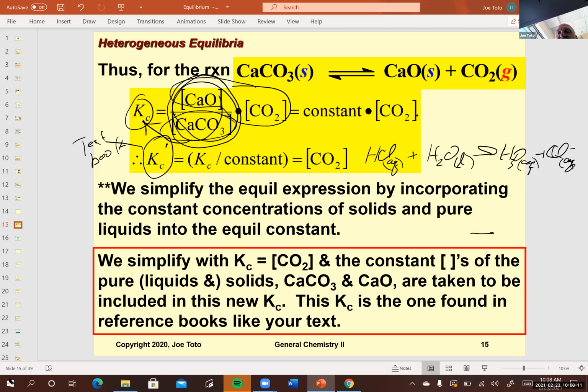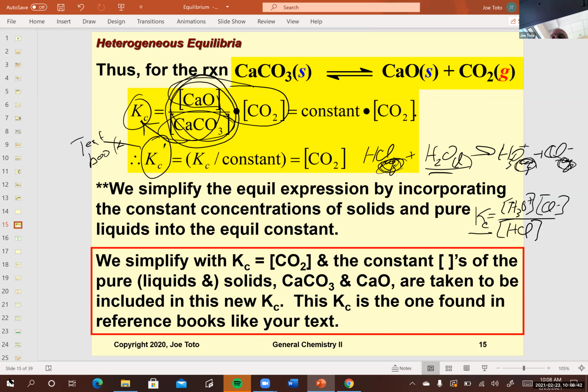So K for this would be the concentration of H3O plus times Cl minus over HCl. And so water is the solvent. We know that because these are aqueous solutions and it's in the majority. So it's not represented.